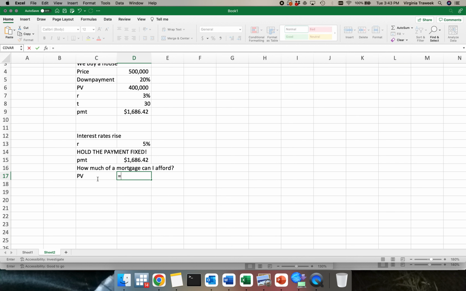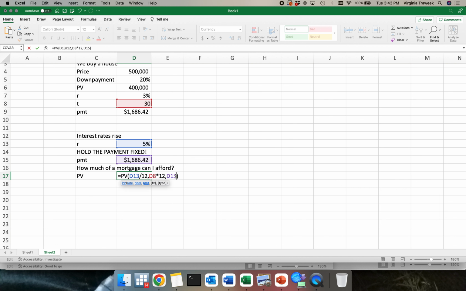Okay, so from here, what we're going to do is use the PV equation. So we're going to have rate 5% divided by 12. Number of periods is going to be 30 times 12.